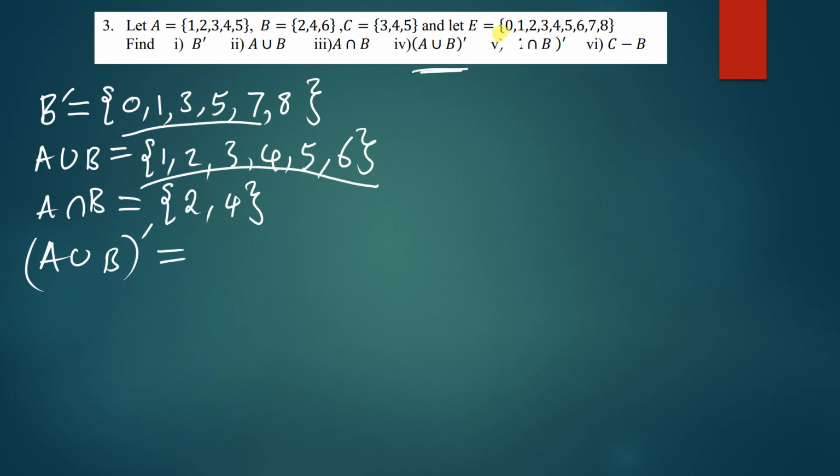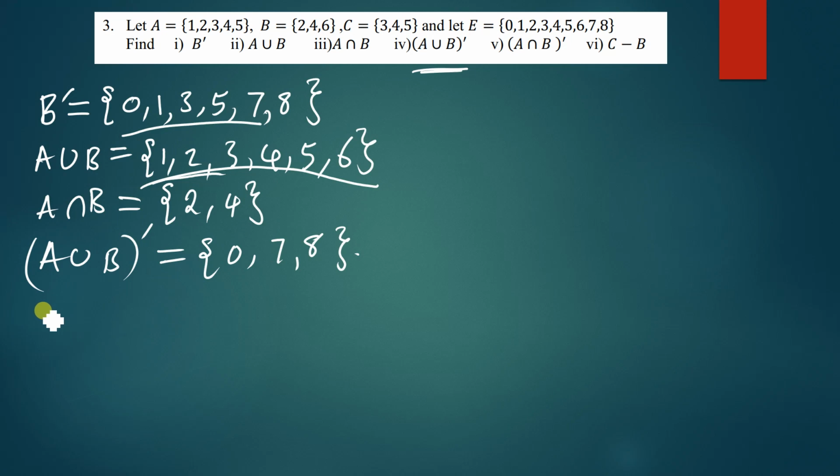And the universal set starts from 0, so our first element will be 0 there. We leave out these elements and write the remaining ones. So we have 7 and 8, and we write 7 and 8 there.